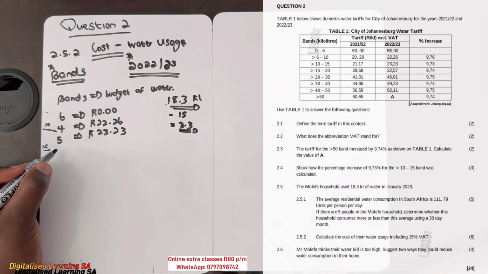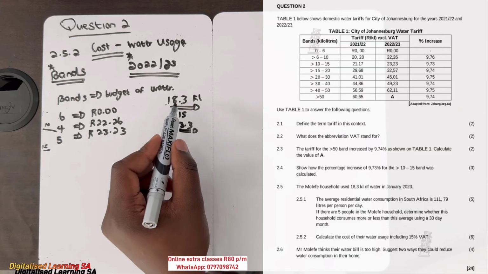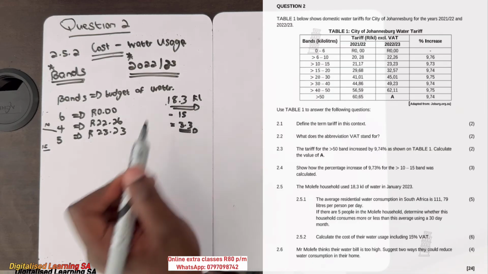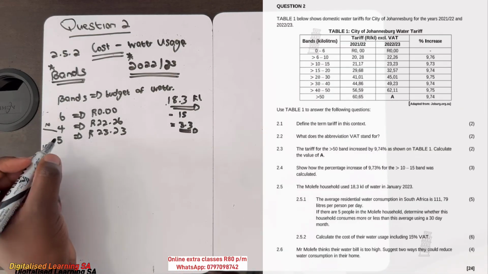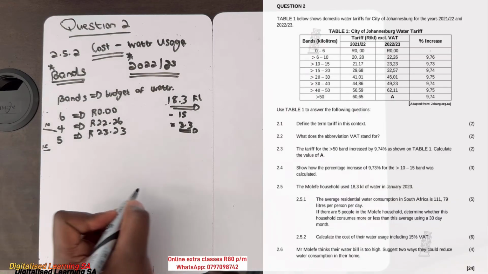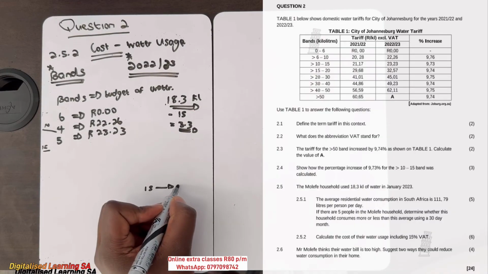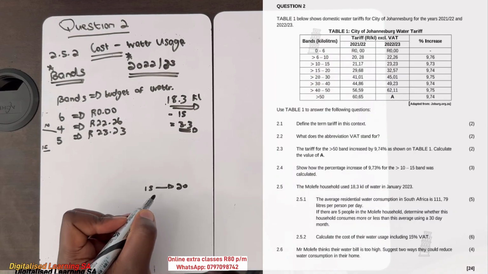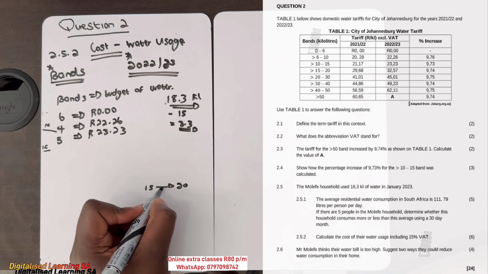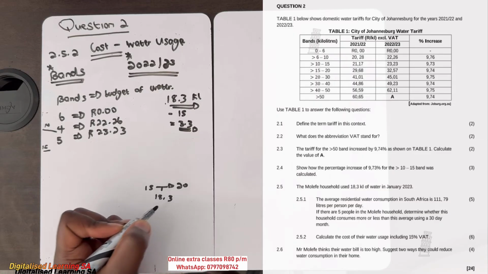But we don't have to write 20 here because the maximum number of kiloliters that we used was 18.3, meaning that we can just write the remaining. Remember, it's a range, so it's from 15 to 20. 18.3 fits somewhere here.